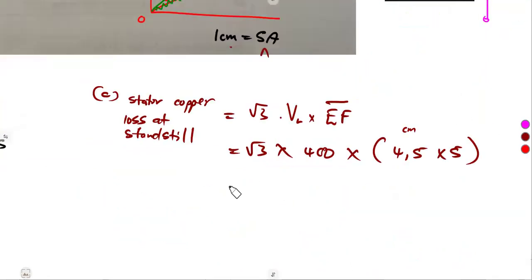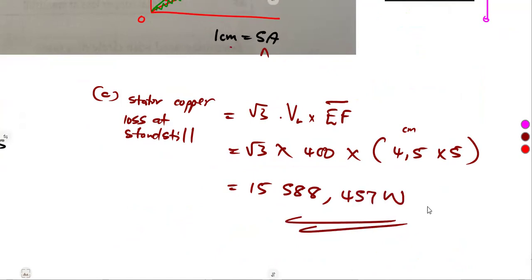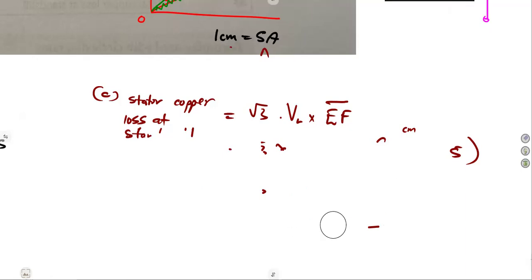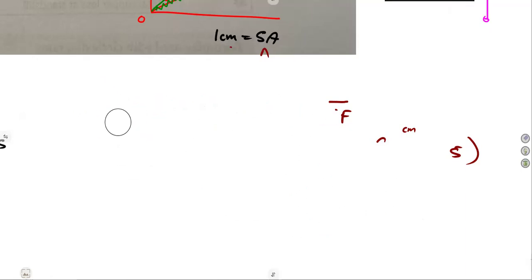It was going to give us the stator copper loss of 15,588,457 watts, which you can convert to kilowatts. Again, the conversion is in your hands.